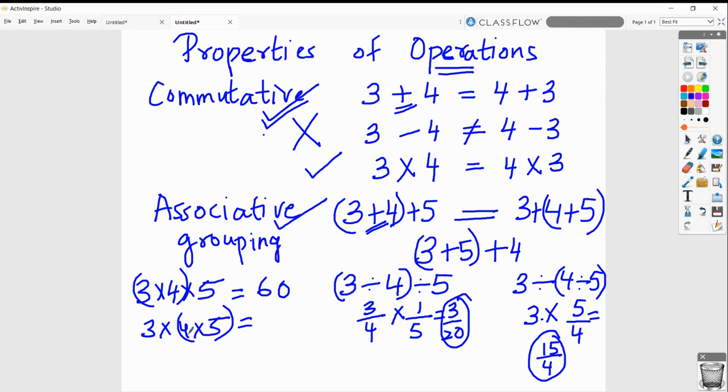Now first I multiply 4 and 5, which gives me 20. 3 times 20 is 60. If you see here, both the answers were the same. That means in multiplication, whichever way you group, you will get the same answer. That is why multiplication is associative.